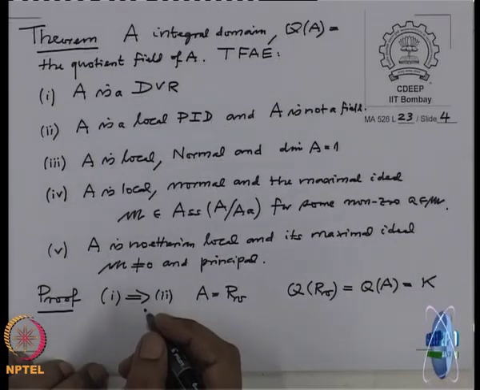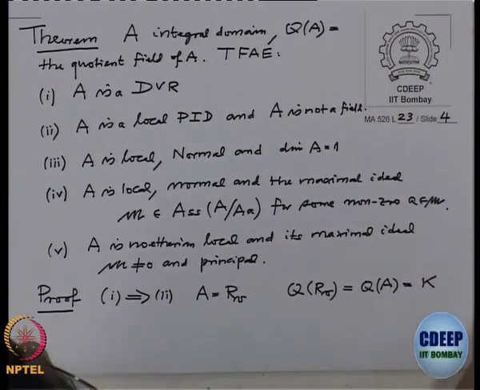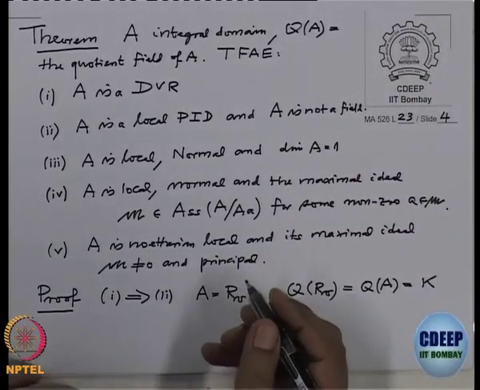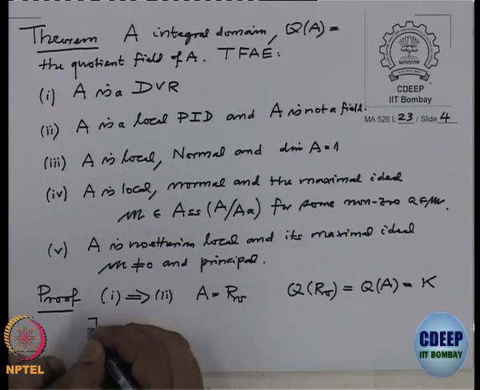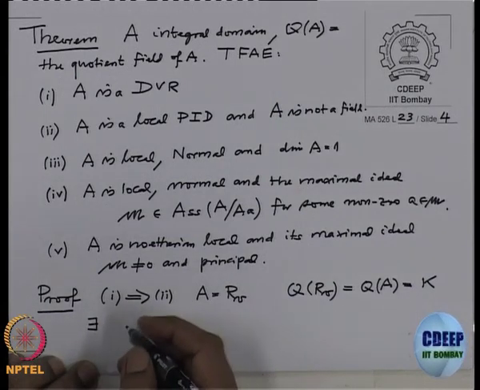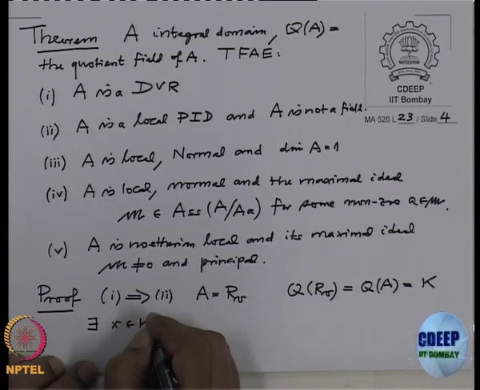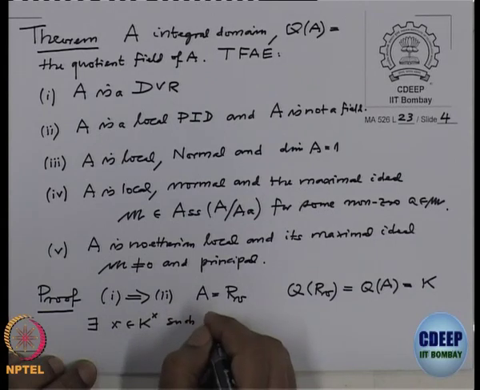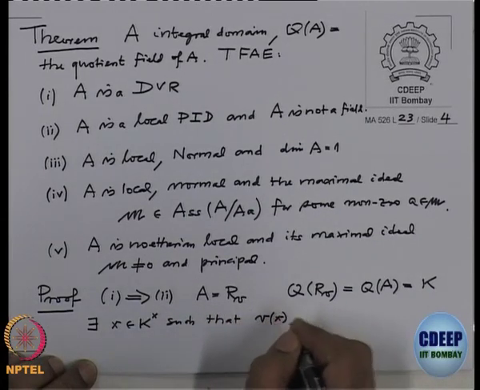By condition 2 of the valuation, which says that it is a group homomorphism, there exists at least one element x in K cross such that V(x) is positive.